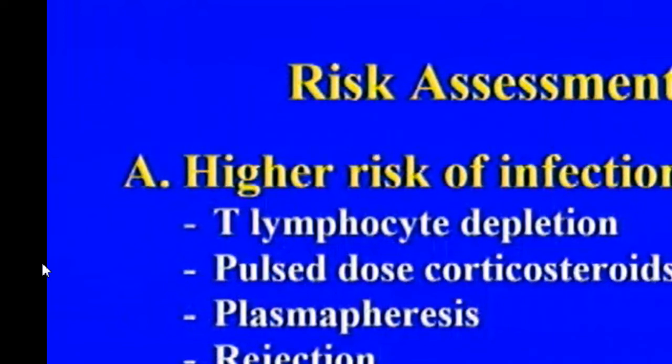Those who have T lymphocyte depletion are at the highest risk. Pulse corticosteroid therapy, plasmapheresis, patients who have rejection because it invites the physician to give more immunosuppression, latent infection, prolonged intubation, and prolonged use of catheters can increase the risk in these patients.